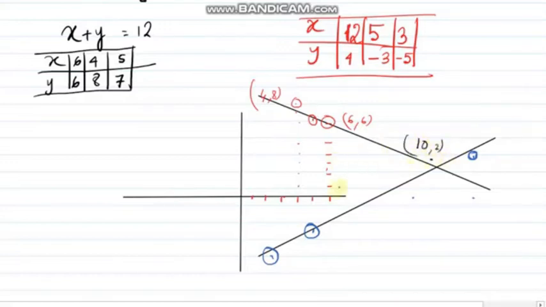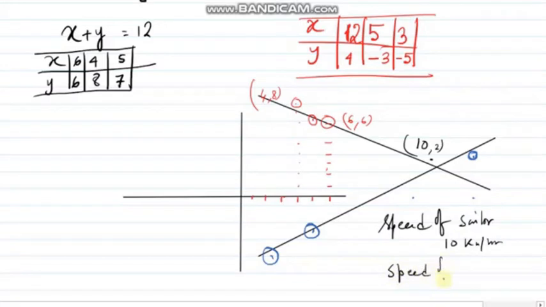So the solution is the speed of the sailor, which was x, that is 10 km/h, and the speed of the boat, that is 2 km/h. Is it fine?